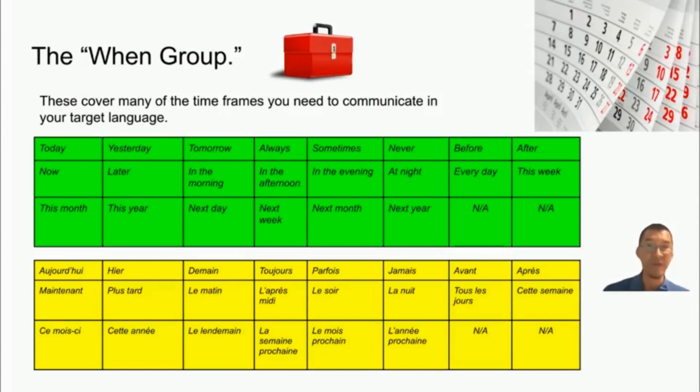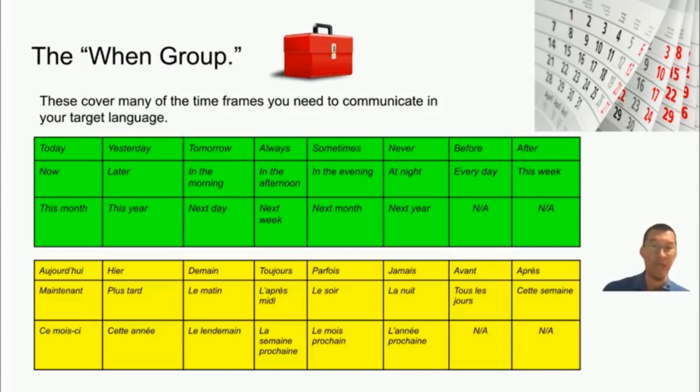Always, sometimes, never, they go together because they cover the degrees of frequency. Before and after, these two are really very useful as well because before you do something, after you do something. There's also that cause and effect that plays there also. Now and later, they're a great pair. In the morning, in the afternoon, in the evening, at night.